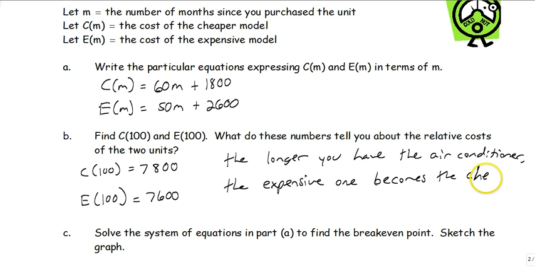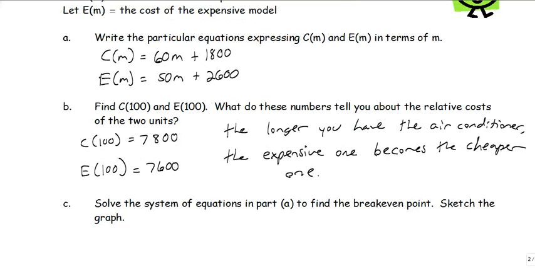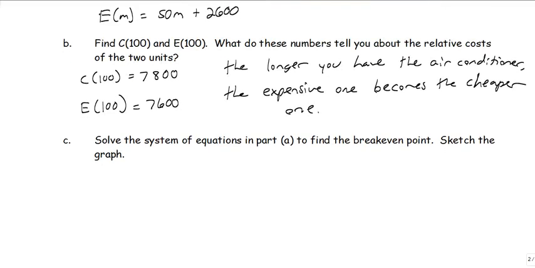It already has happened for us, right? As you started off, you spent more money on the more expensive one, but as you run them both, as time goes on, that expensive model will actually catch up because you're saving $10 a month, and finally it will surpass it and become the cheaper model.